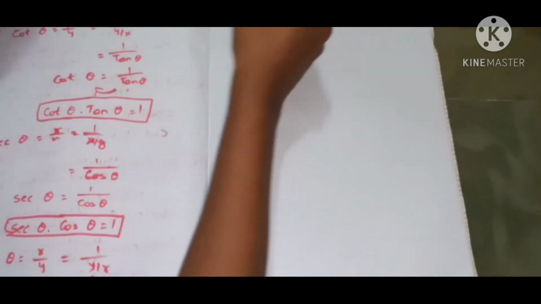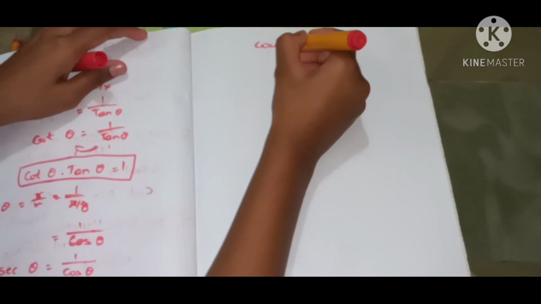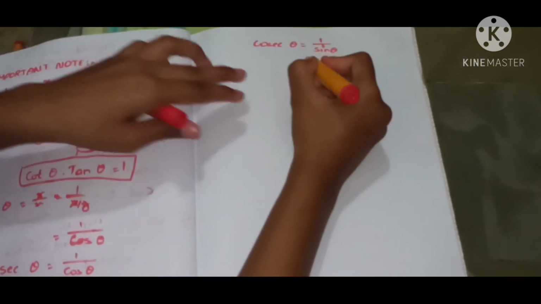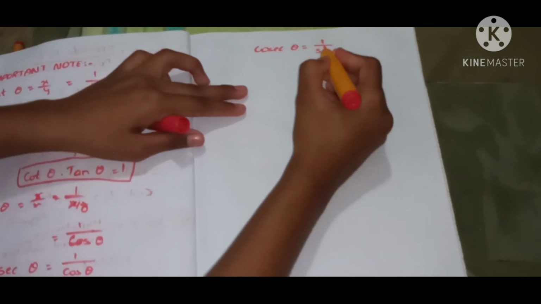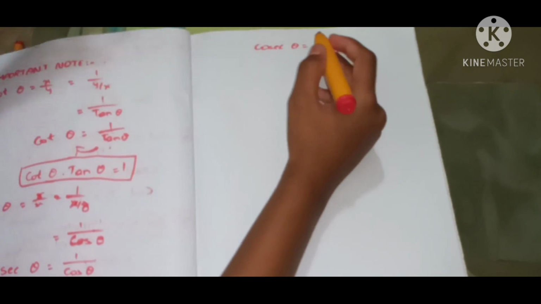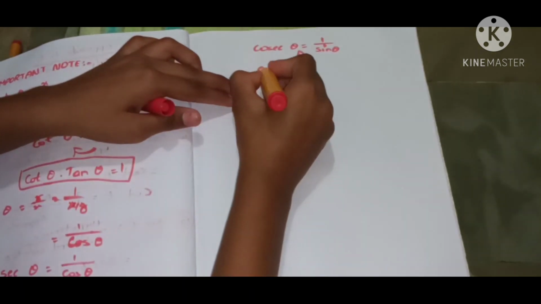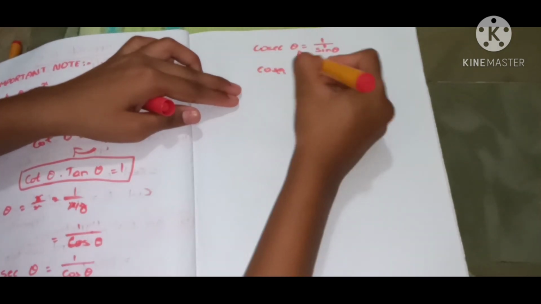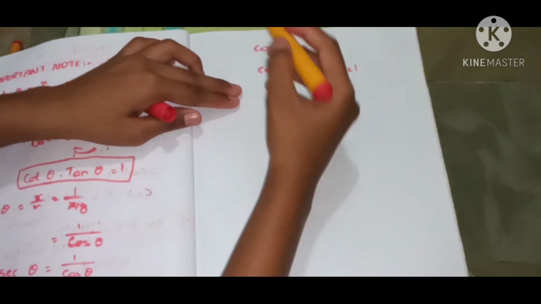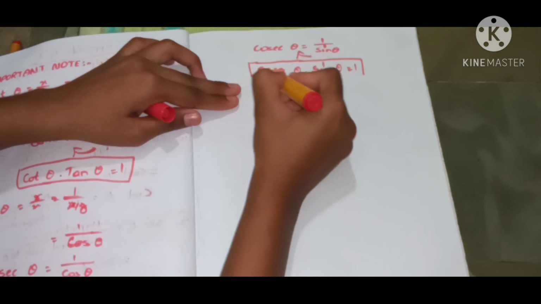Cosec theta equal to 1 by sin theta. Here sin theta is dividing with 1. When we transpose sin theta to the left hand side, it will multiply. Cosec theta into sin theta equal to 1. This is the last important note in trigonometric ratios of an angle.